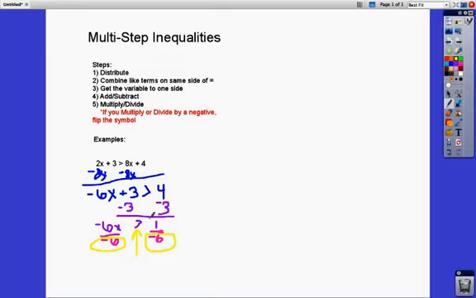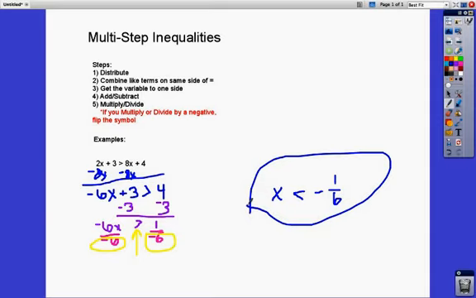So it's no longer a greater than symbol, it is now a less than symbol. So we have x is less than, okay, 6 can't go into 1, so it has to stay as a fraction. So it's negative 1/6. Okay, and we don't have to worry about graphing these, so we're just going to keep that there.